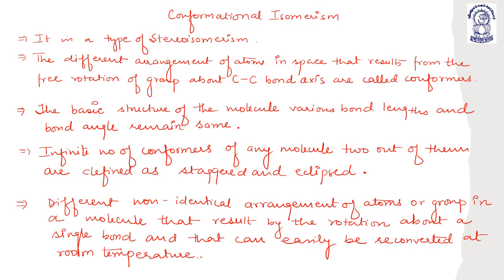It is known as conformational isomerism, and the different forms which you can see are known as conformers. Okay, now moving to the next.